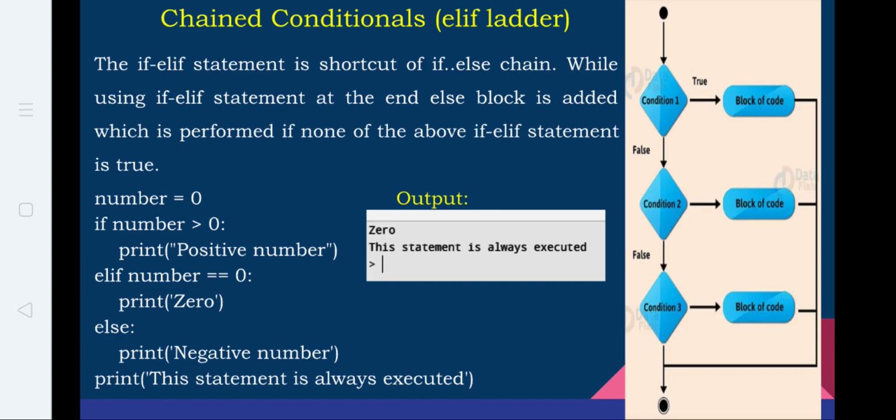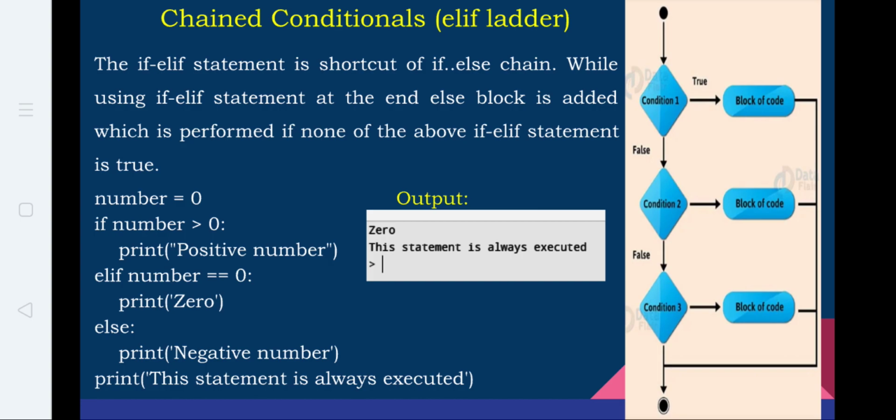So this is explained by the block diagram. If the condition is true, it will execute some block of code. If it is false, it will move to the next block of code. If that is true, it will execute the code and go to the place before the exit of the loop. If the second condition is also false, it goes to the third condition.